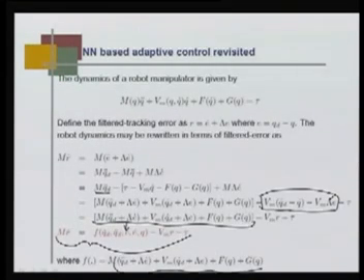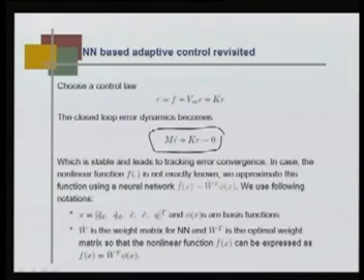Unfortunately we do not have many parameters to compute this exactly, and hence we estimate f by f hat x, and we approximate this as a radial basis function as a kernel, in which W is the weight vector and phi x is the basis function, and phi x is a function of q d double dot, q d dot, e dot, e, and q.